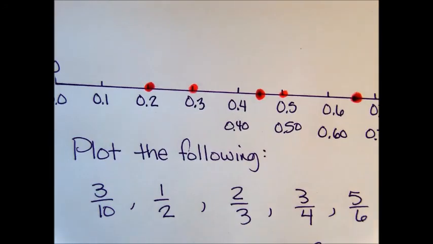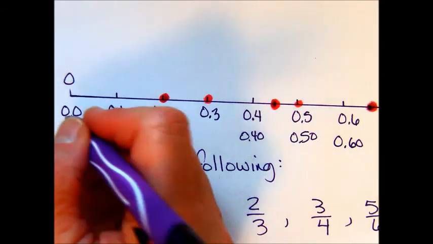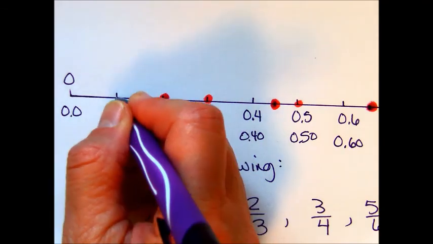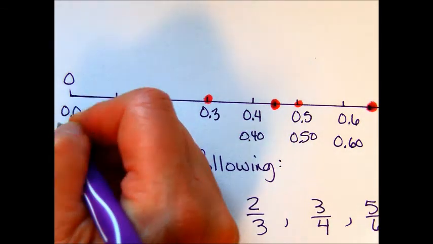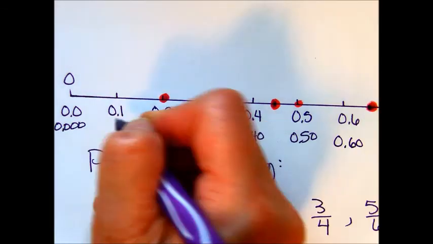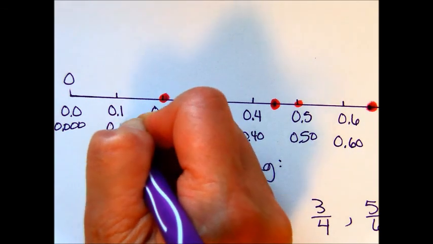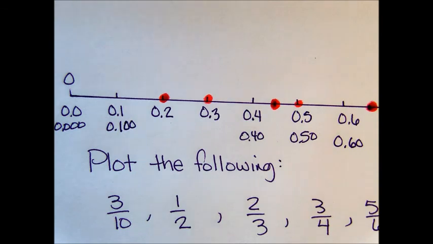So what I want to do is look at the first digit past the decimal point. It's a 0. So this number is going to be plotted between the 0 and the 100 thousandths. So 0.000 to 0.100, or 100 thousandths. It's going to be between.